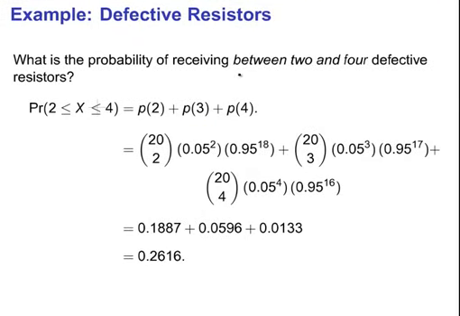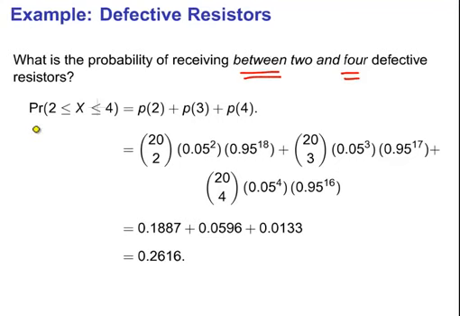What is the probability of receiving between 2 and 4 defective resistors? Now, this is something where tables come in quite handy, and there are such things as binomial tables where you can look things up. For example, Murdoch-Barnes, I think it's table 8 or 9, I'm not quite sure. But anyway, let's answer the question using the tools I've introduced already.